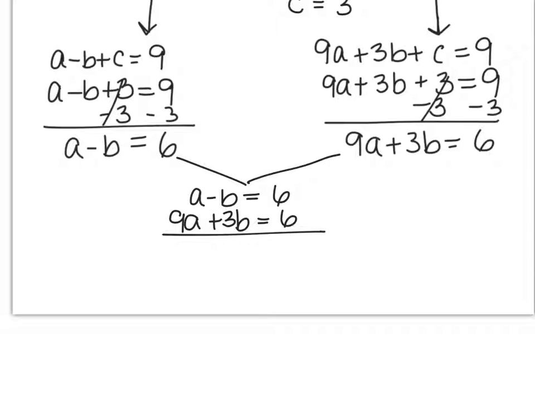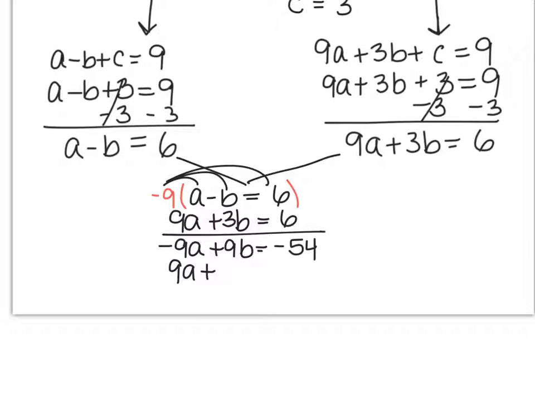So now you have a choice. You could either try to eliminate the a's or you could try to eliminate the b's. I think I'm going to try eliminating the a's. I can multiply this top equation by -9. So now I have -9a plus 9b equals -54 if I distribute this -9 into all three pieces, and then I still have 9a plus 3b equals 6.